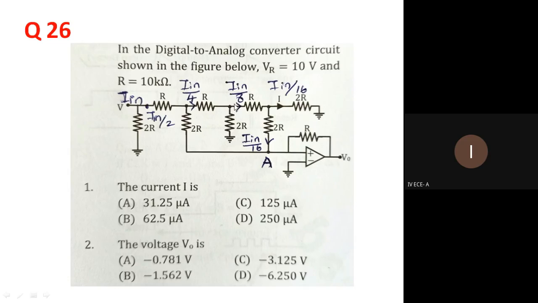In this node, I in by 8. In this place, I in by 16. But we have to calculate this current value. It is I in by 16. Similarly here also I in by 16, because using the current divider rule, the two currents are split into equal parts.